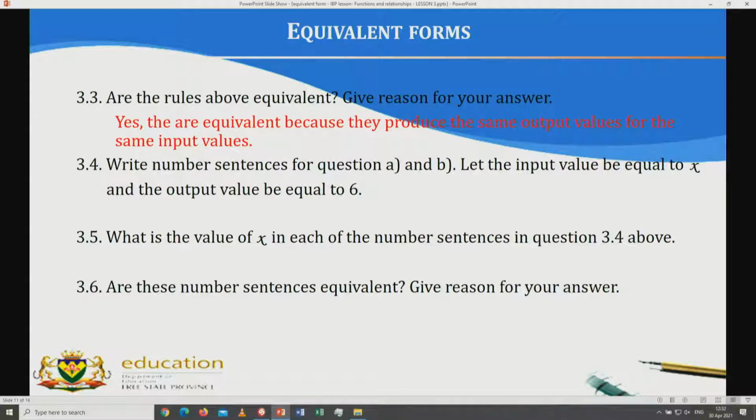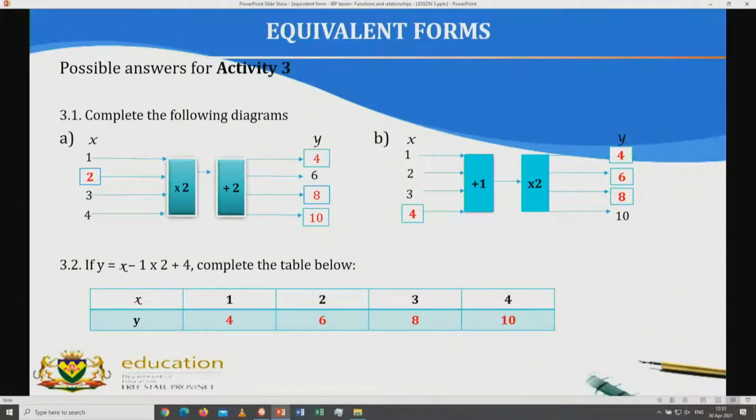Now, write number sentences for question A and B. Let the input value be equal to x and the output value be equal to 6. For flow diagram A, the number sentence will be 2 multiplied by x plus 2 equals 6. And then here is our diagram.